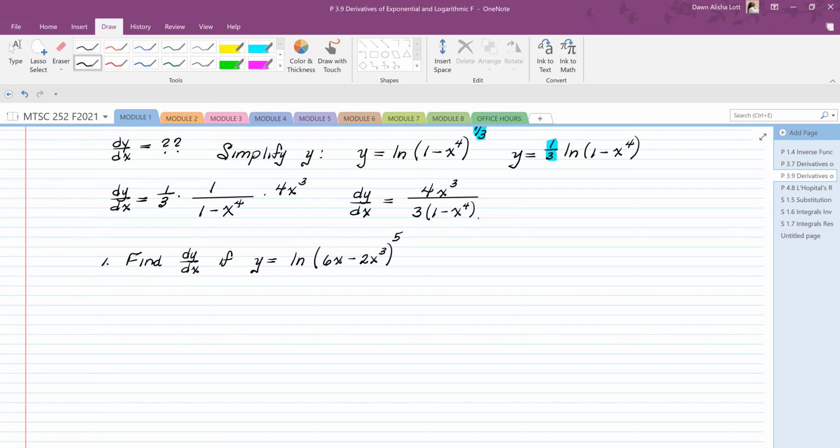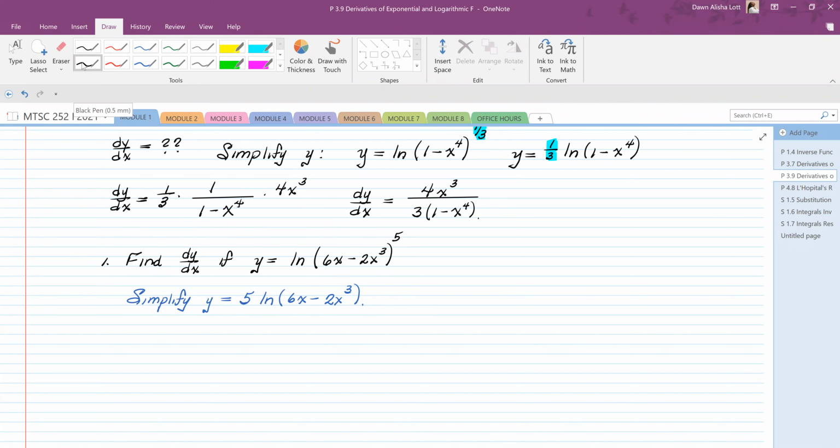Before I differentiate, I always want it to be in the easiest form possible. That would be, in this case, 5 ln in parentheses 6x minus 2x cubed. So bring down the 5, the natural log of 6x minus 2x cubed. Now that's simplified. That's nice. I can work with that.